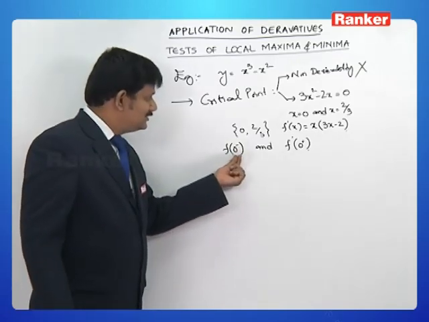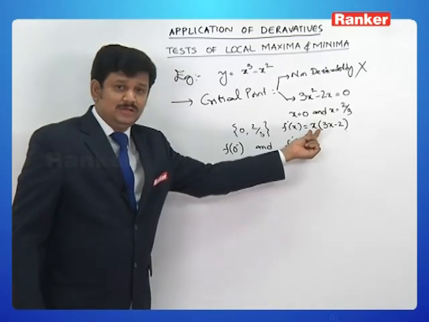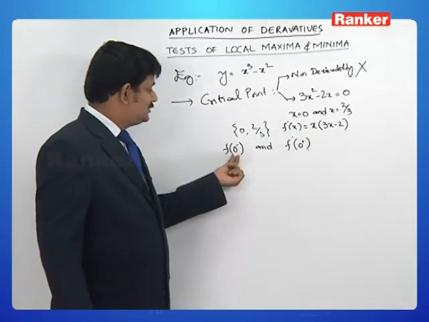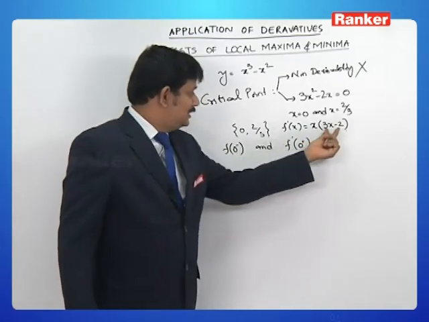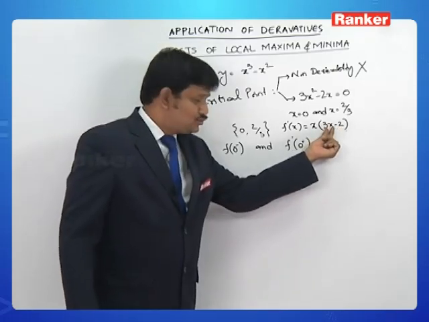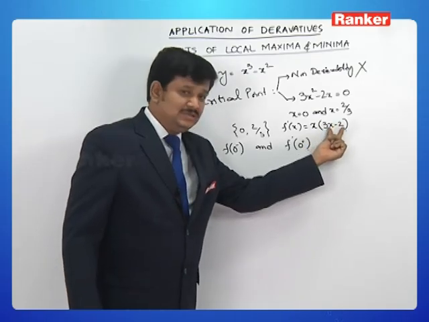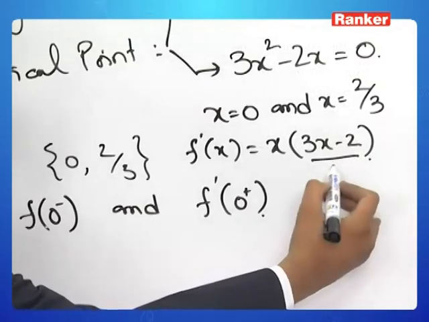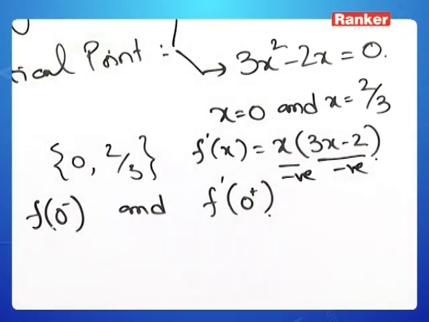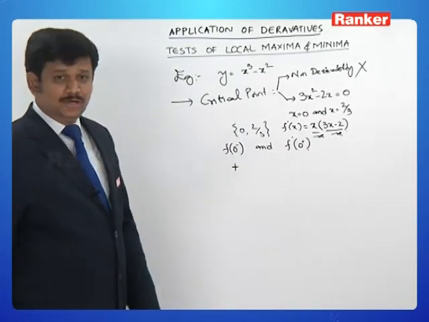When x is less than 0, this quantity is negative. 3x minus 2, when x is less than 0, is also negative. X is close to 0, so this quantity is 0, minus 2 is negative. So 3x minus 2 is negative and x is negative, their product is positive. F dash of 0 minus is positive.